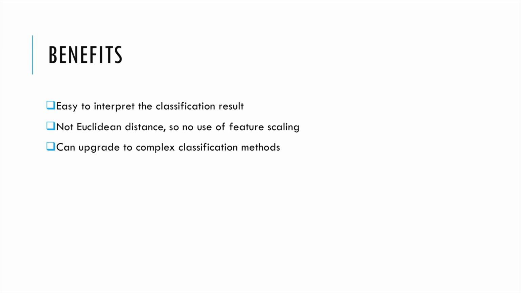The second benefit is that it doesn't use Euclidean distance, so there's no need for feature scaling. Other algorithms like SVM need feature scaling. The last benefit is that it can be upgraded to more complex classification methods like random forest.